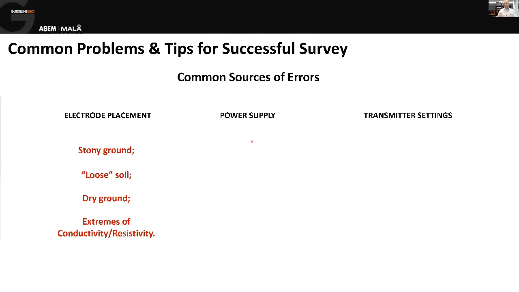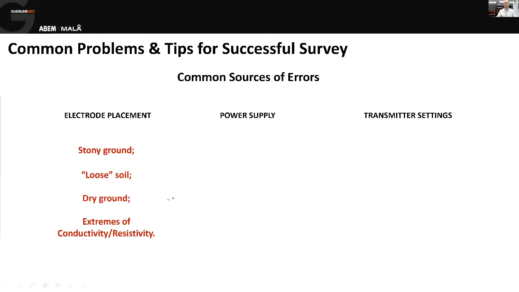Could be similar if you have a sandy soil: you push the electrode in, and unless you're very careful, it might tend to push sideways and leave an air gap on one side of the electrode, reducing the area that is in contact with the ground and therefore increasing the contact resistance again. And then also just very dry or very resistive ground, perhaps bare rock, where again, the contact resistances are high, and if they're high, the current going in is much lower.